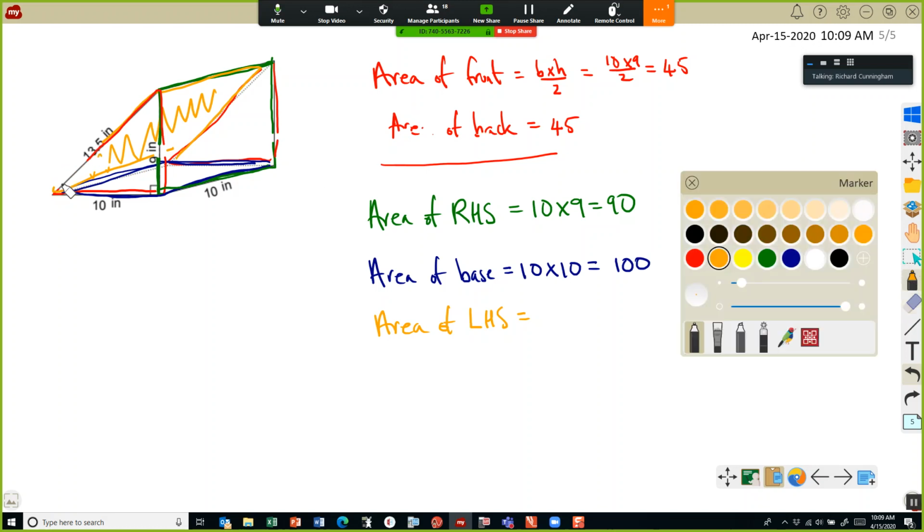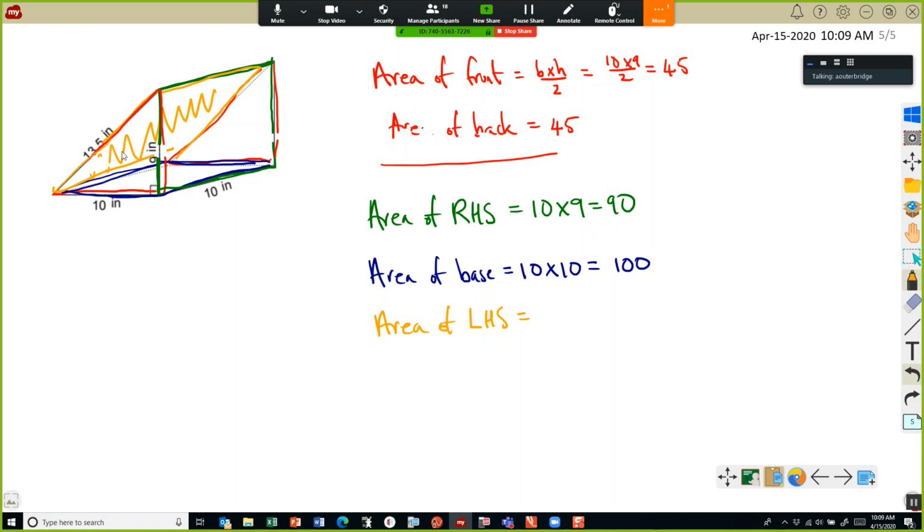What type of shape is it? Rectangle. What is the length and width of it? 13.5 and 10. Yeah, that's the width of it there, which is the same as this length, which is 10. So I multiply those together and get 135.